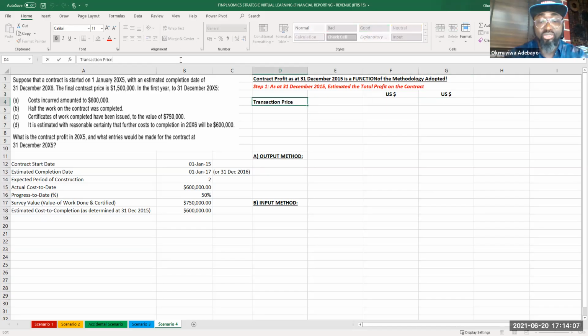This is the transaction price over a 2-year contract.